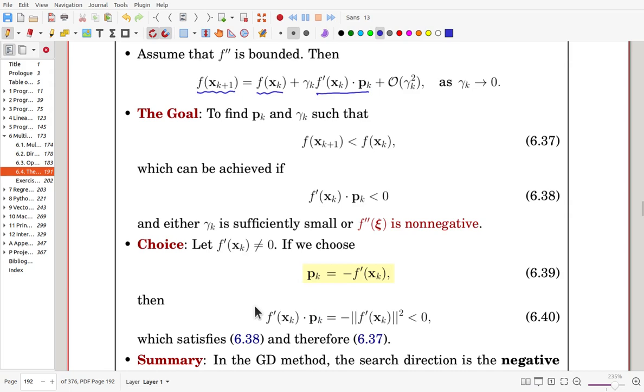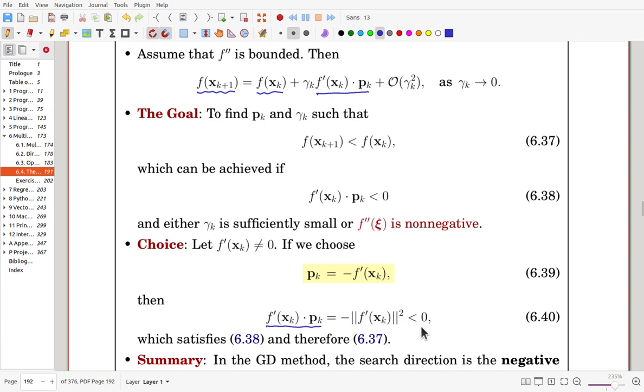Now here our choice for pk, the search direction, is to use the negative of the gradient. Then this dot product is the same as the negative of the gradient norm squared.